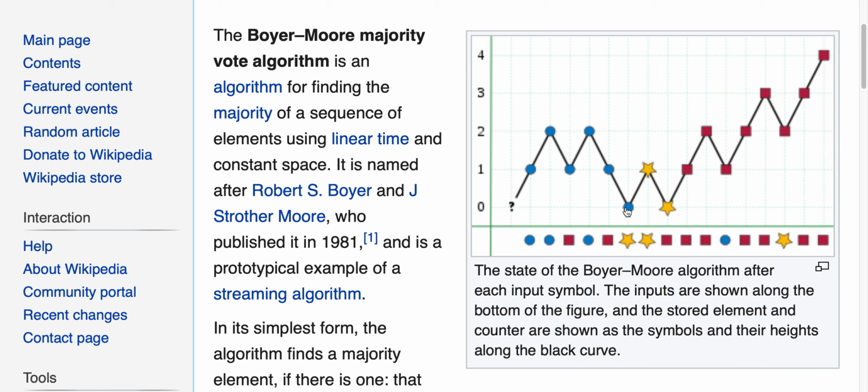If it's 0, it passes to the next candidate, which is the star. Then we get another star, so we have one star up. Then we get a rectangle, the star goes down, and we're back to 0.